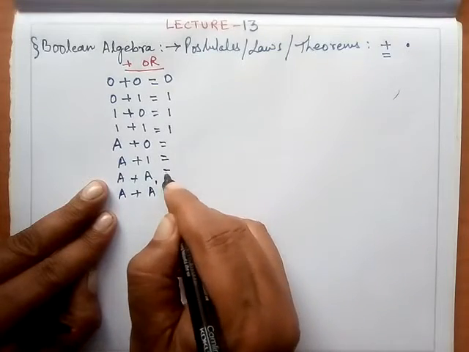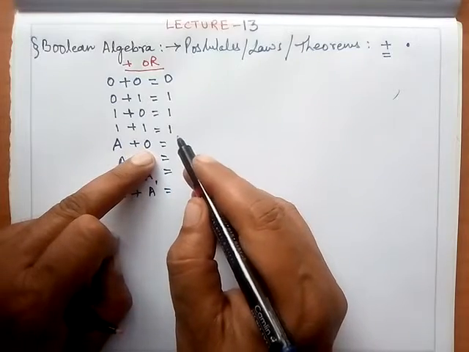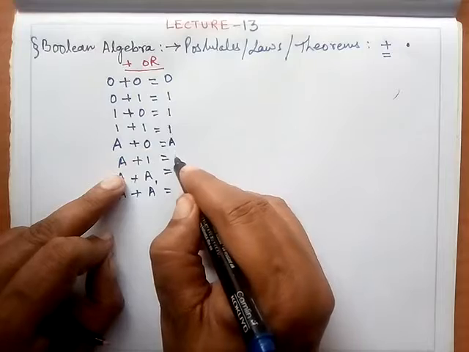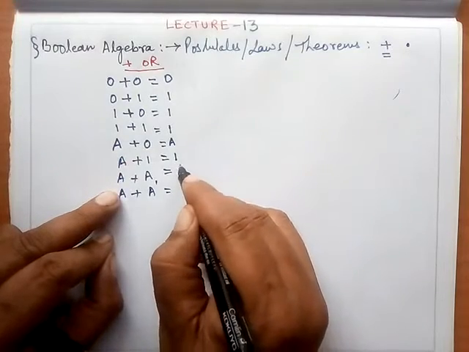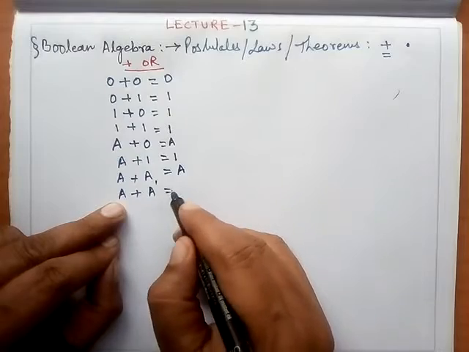A plus 0 is always equal to A. A plus 1 is 1. A plus A is A, and A plus A bar is equal to 1.